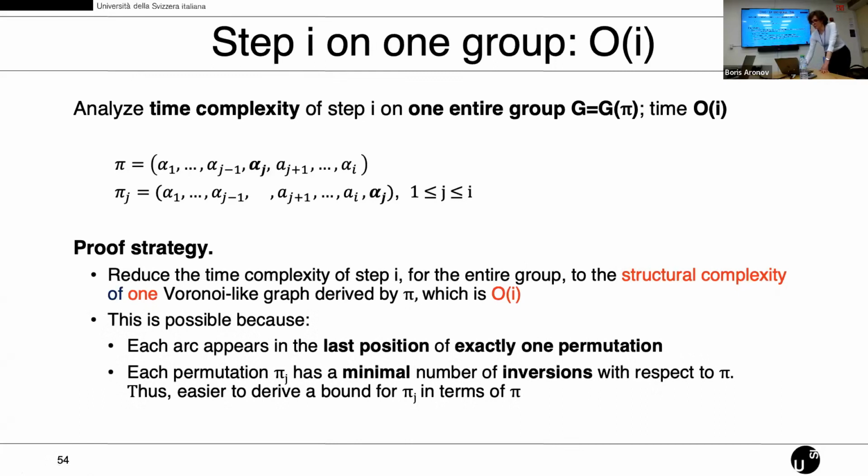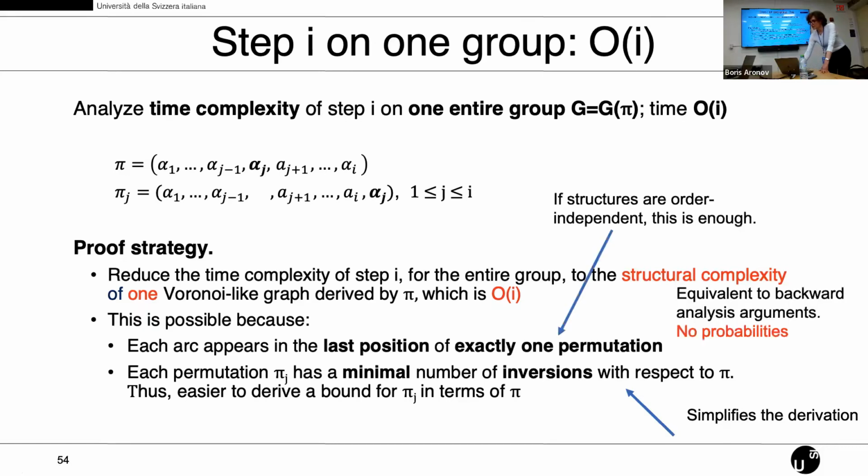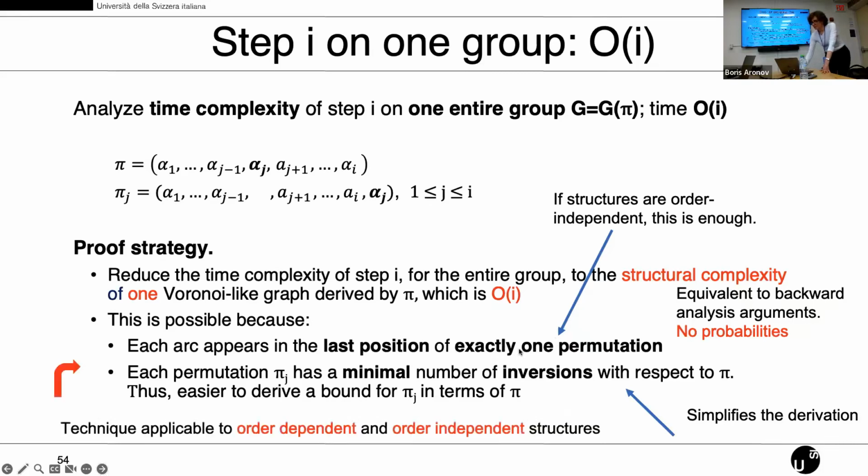This is possible because its arc appears in the last position of exactly one permutation, and its permutation has just a minimal number of inversions. This makes the derivation much simpler. If the structures are order independent, as we usually assume in backwards analysis, then the first item is enough. But by combining these two, the technique is applicable to both order dependent and independent structures.